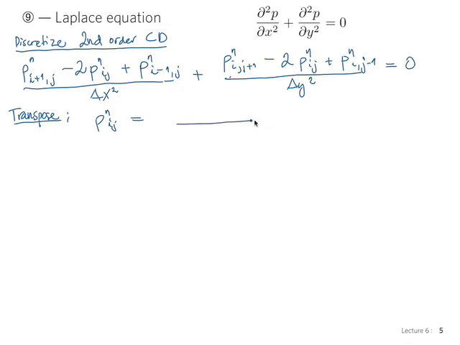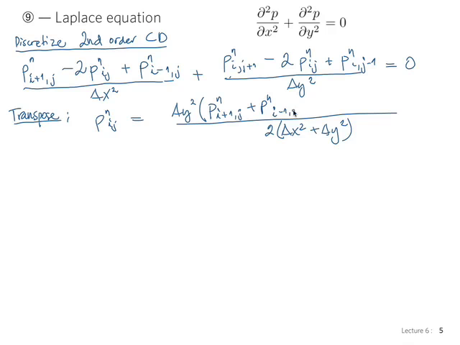Okay, so you can see that at the bottom I'm going to have 2 from these terms, delta x squared plus delta y squared, and I have delta y squared times, I only have i plus 1, comma j, and i minus 1, and I also have i j plus 1, i j minus 1.